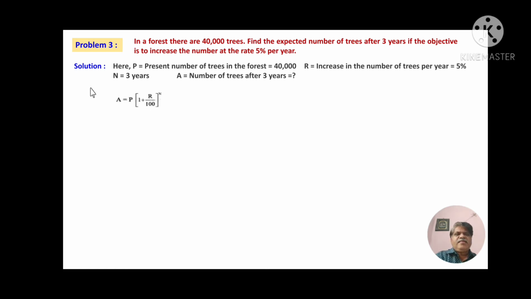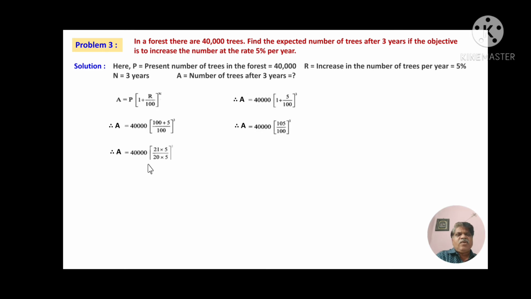We know that A is equal to P into bracket 1 plus R by 100 raised to N. Now we will put the values. Therefore A is equal to 40,000 into bracket 1 plus 5 upon 100 raised to 3. Therefore A is equal to 40,000 into bracket 100 plus 5 upon 100 raised to 3. Therefore A is equal to 40,000 into bracket 105 upon 100 raised to 3.